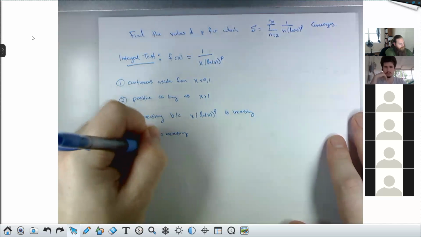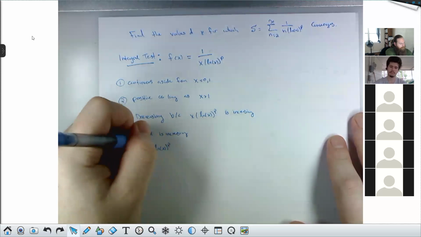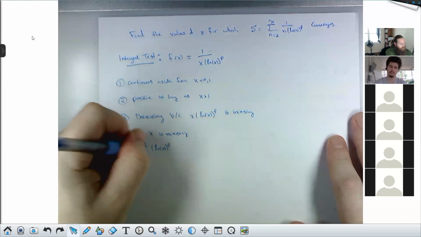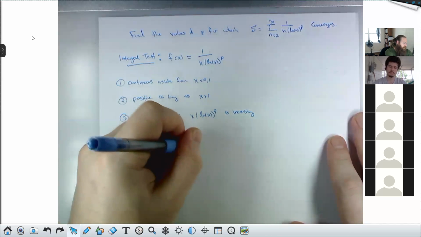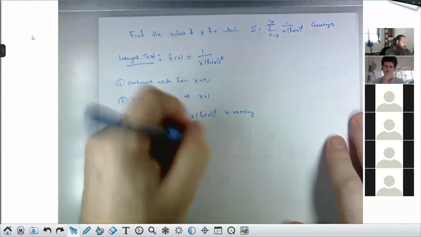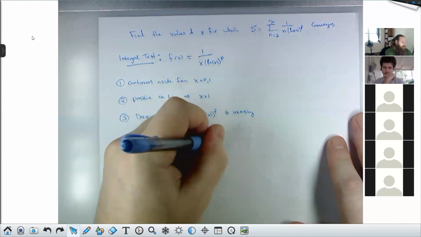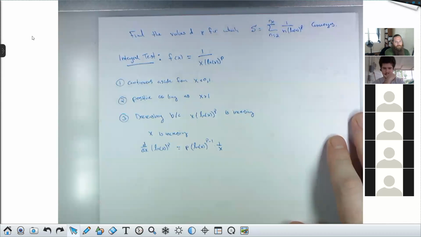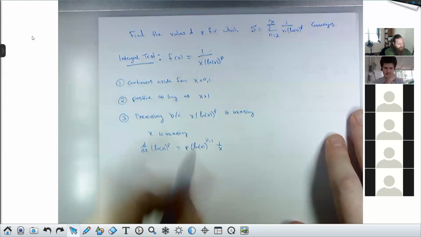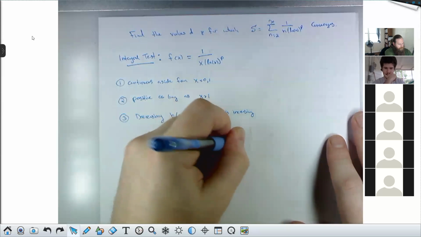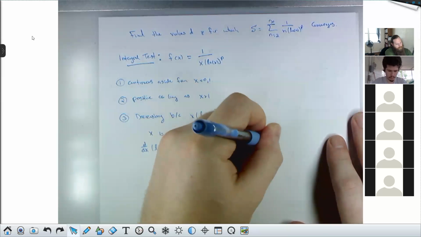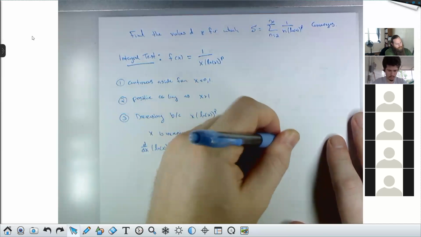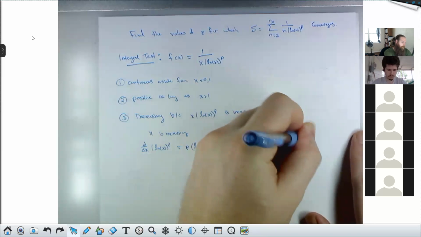And the natural log of x all to the p has derivative p times the natural log of x to the p minus first times 1 over x. And this is positive for all x greater than 1 independent of p.